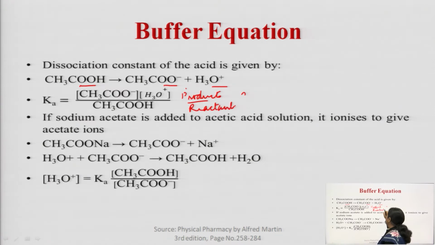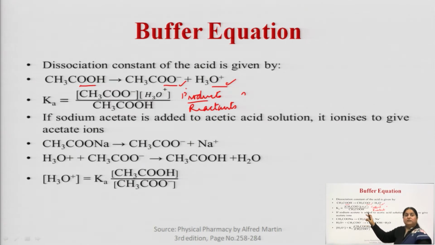These are the concentrations of the products divided by the concentration of the reactant. So, in the products we have acetate ion and hydronium ion, and we have acetic acid as the reactant. So, this equation can be written like this.